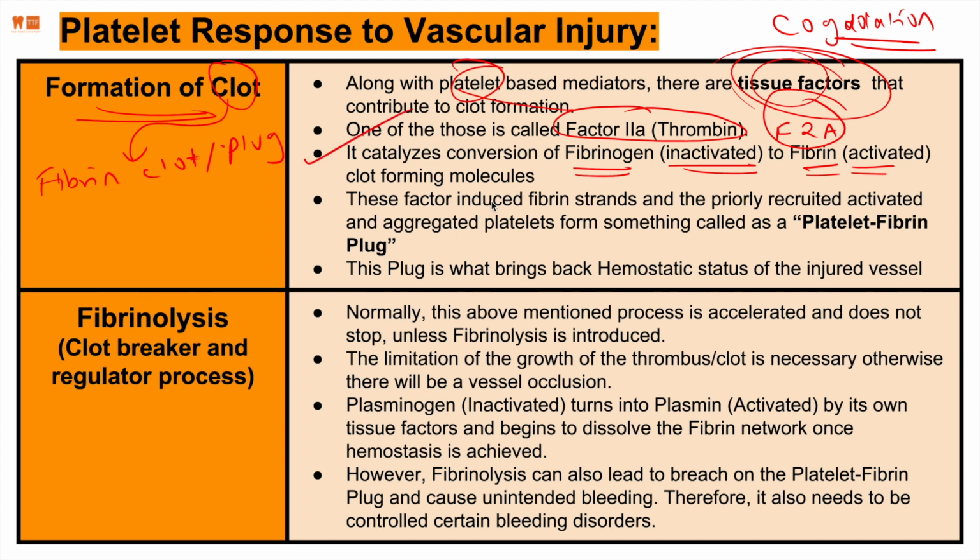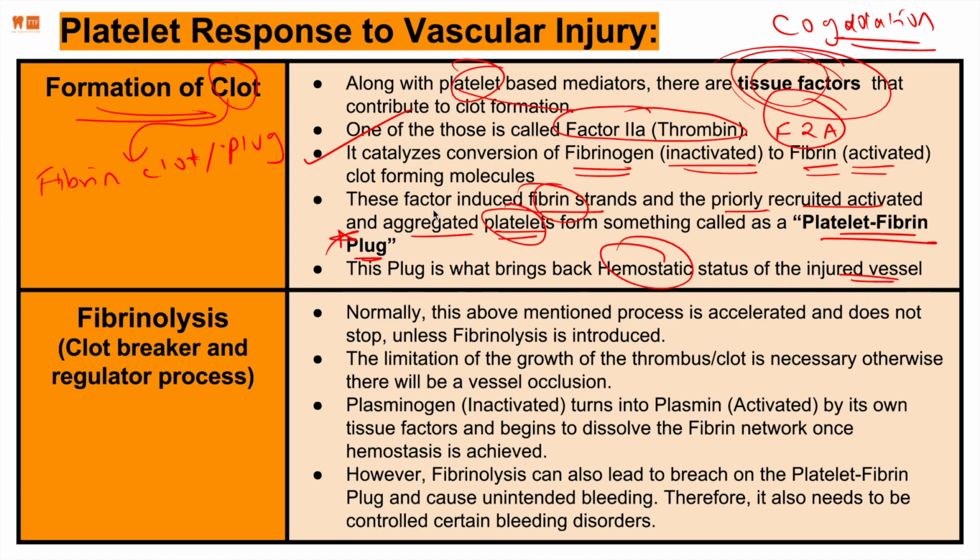These factors induce fibrin strands and priorly recruited, activated, and aggregated platelets to form something we like to call a platelet fibrin plug. How beautiful is that, guys? This plug is what brings back hemostatic status of the injured vessel.